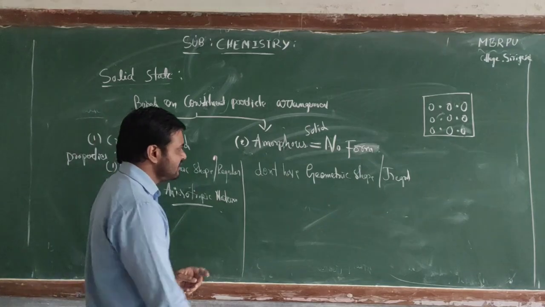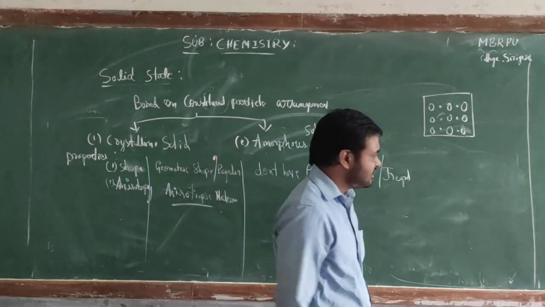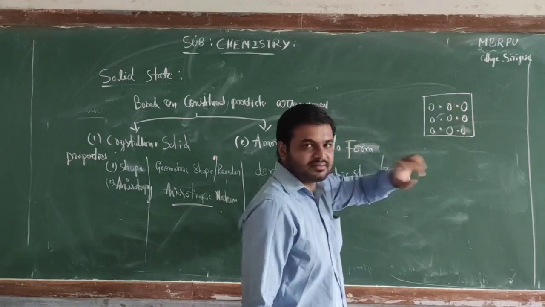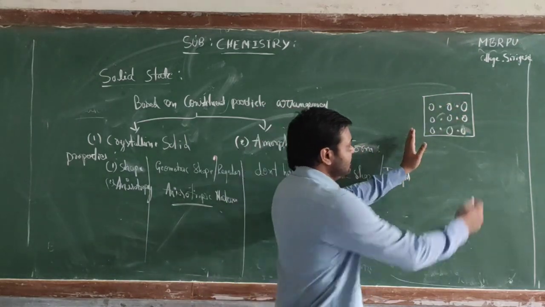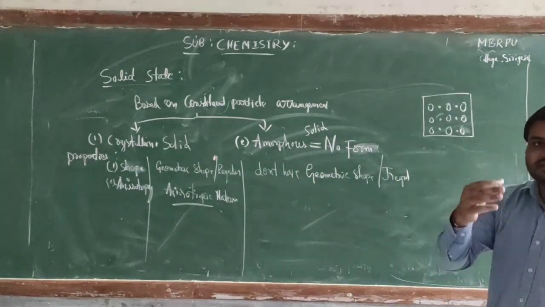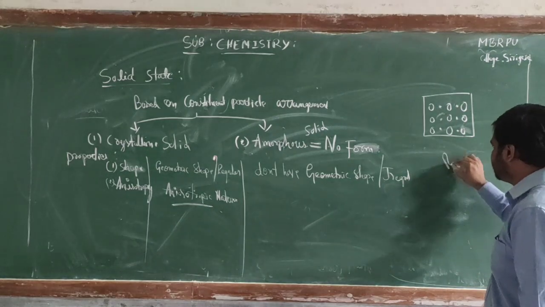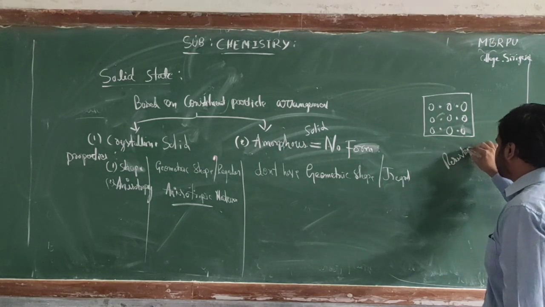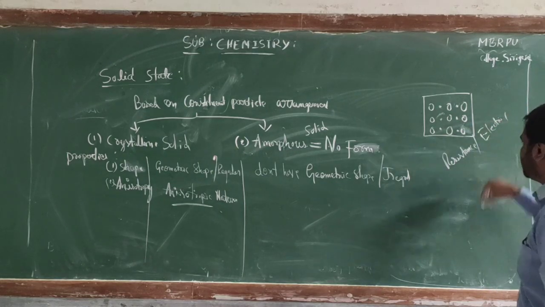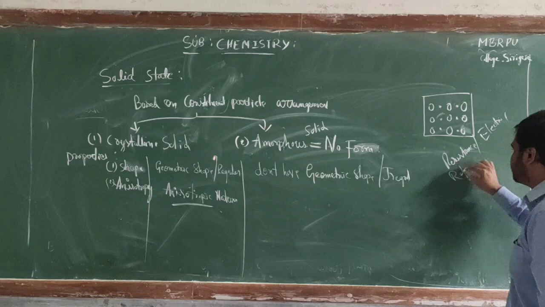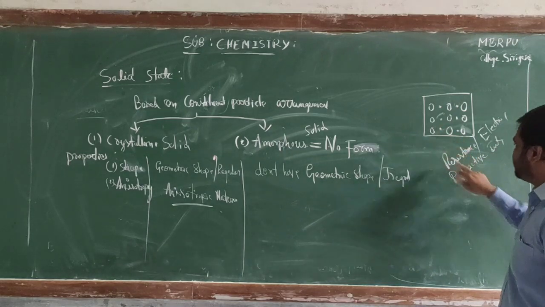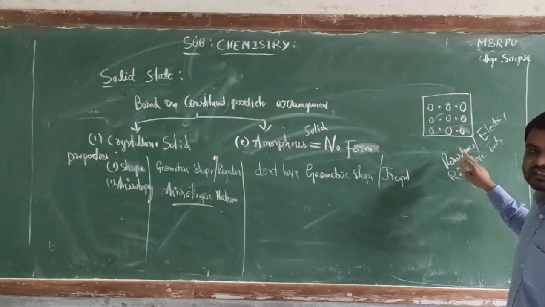Anisotropic nature means, as we already know, the particles are arranged in order. So in this case we have to observe some physical properties like electrical resistance and refractive index.